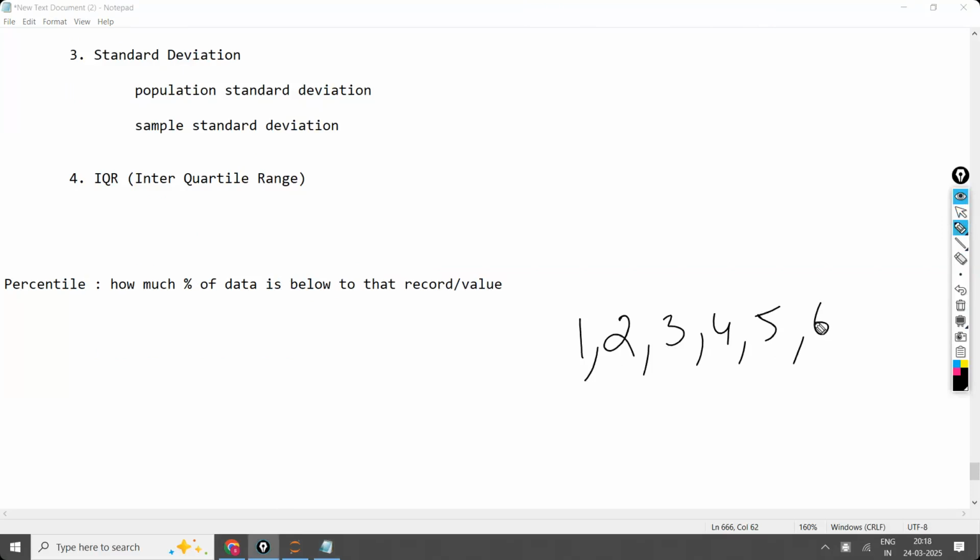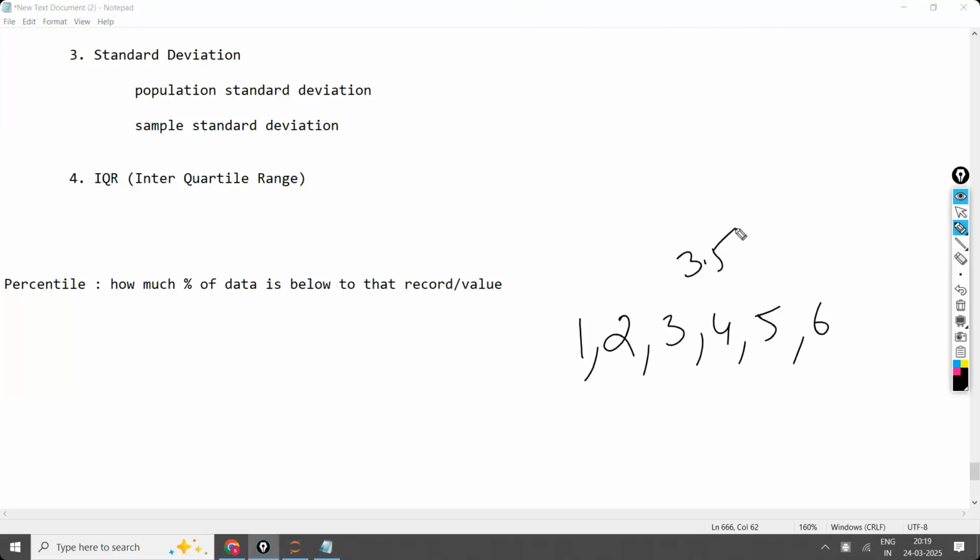Now here we have 1, 2, 3, 4, 5, 6. Total 6 numbers are there. Now, below 3.5, how much percentage of data is there? I'm not asking how many records. Percentage of data means the number of records below that value divided by the total number of records.